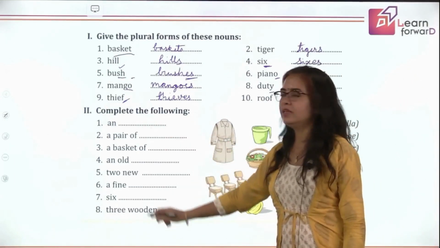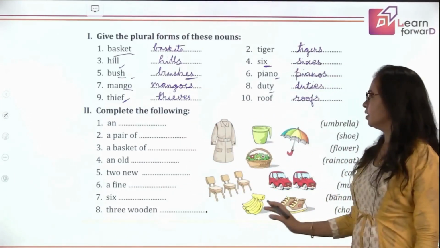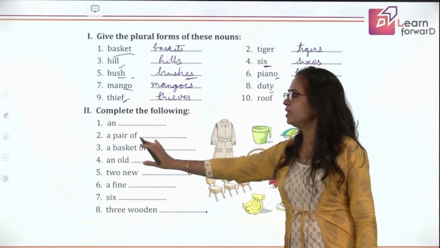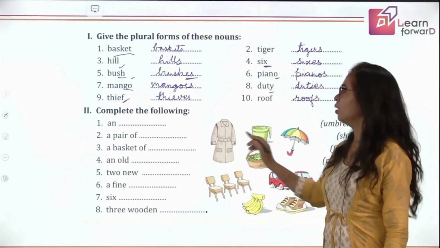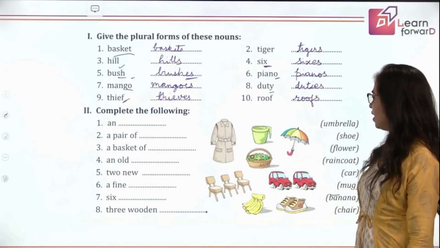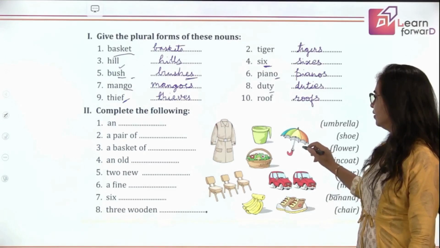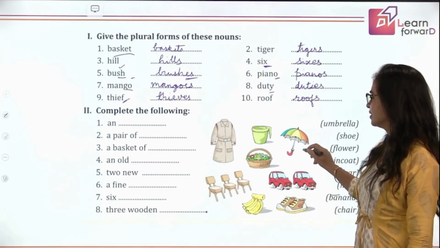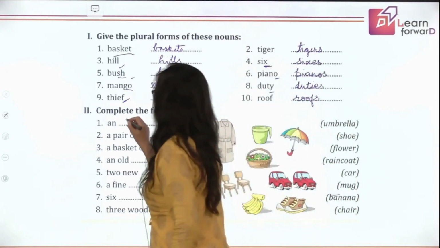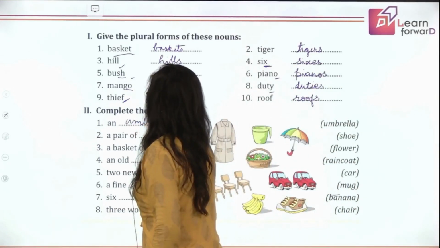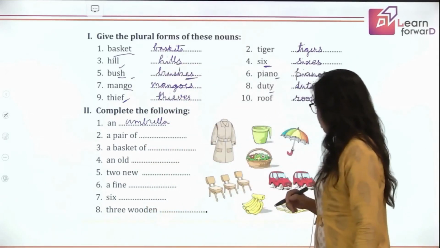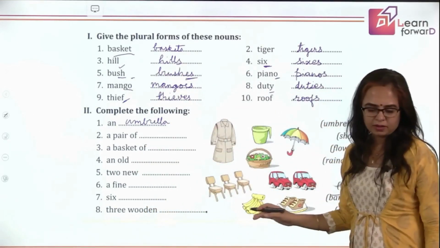Now complete the following. You have pictures here and you have to see. Complete them using singular or plural nouns. An, what is an? Okay, an umbrella. And there is a pair of, what pair?